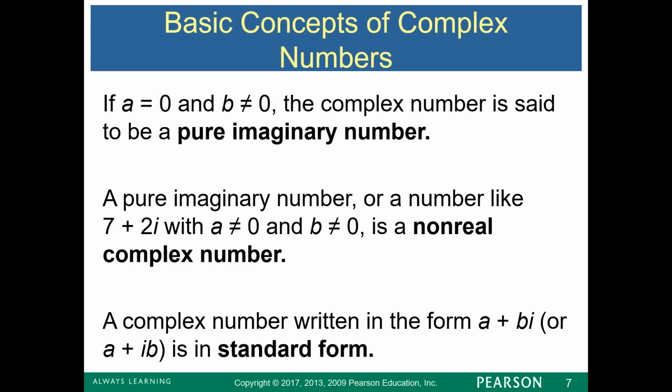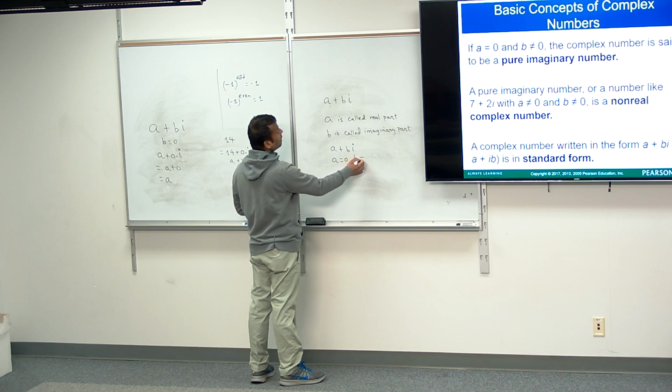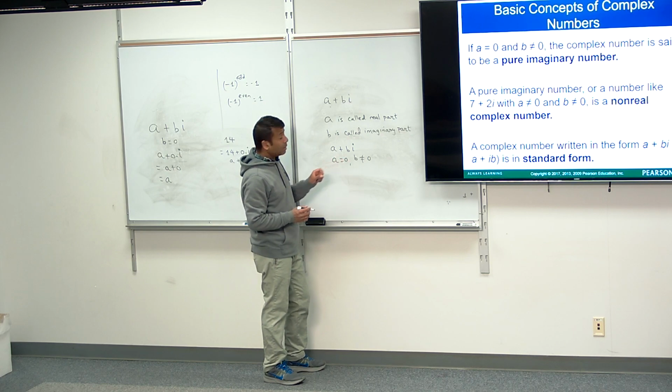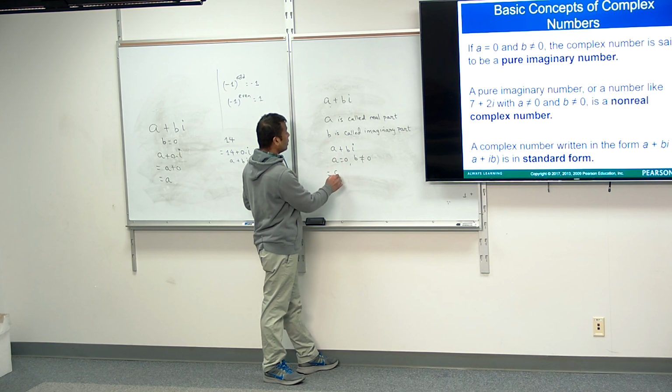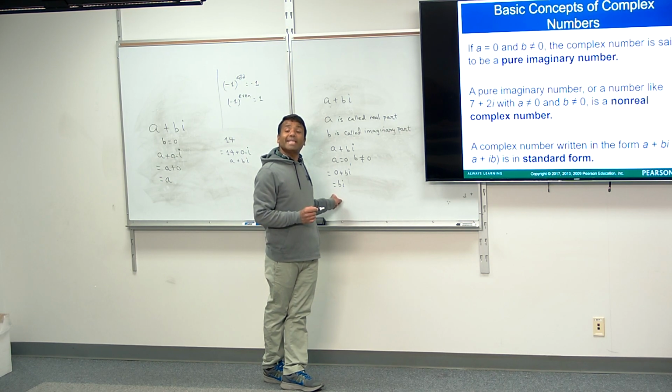If A equals 0 and B is not equal to 0, then you will have a pure imaginary number. If the real part is 0, now look here, this is your complex number. If A equals 0 and B is not equal to 0, then it will be 0 plus BI, which is BI, is that right? So this is called what? A pure imaginary number.